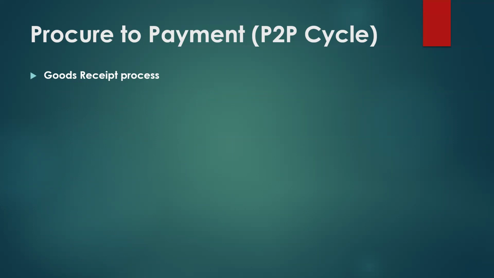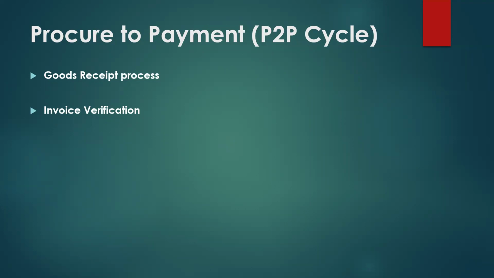Once the GR process is done, we will do the invoice verification based on the PO price, and the delivery challan for the vendor will be created and sent to the vendor. After the GR process, invoice verification will be done by the FICO team, or you can say the MM team also.